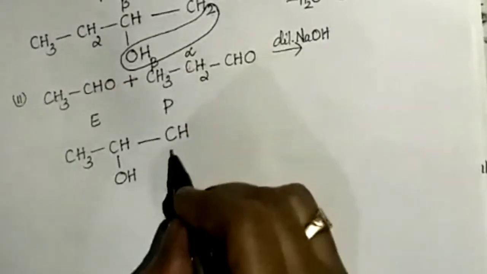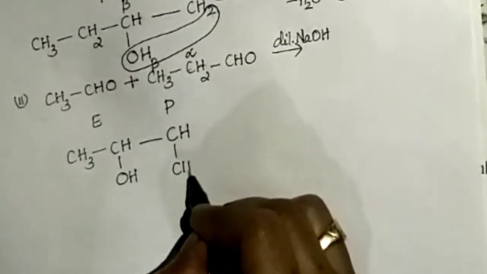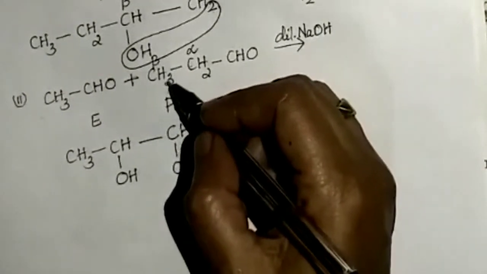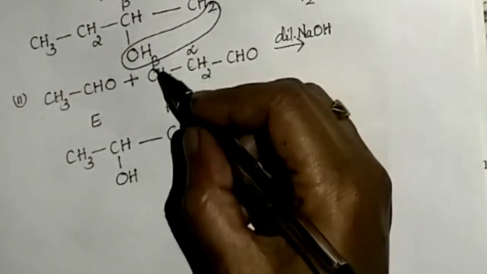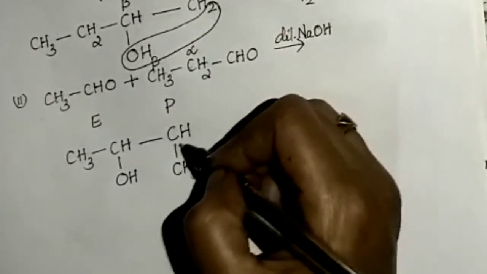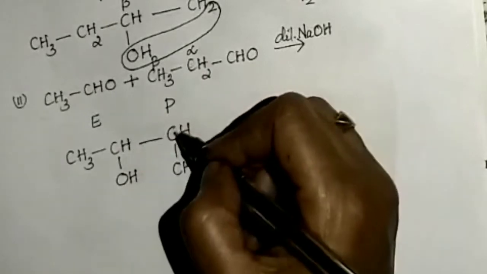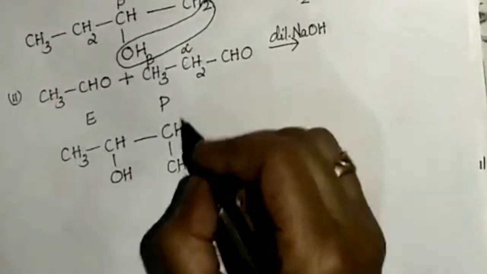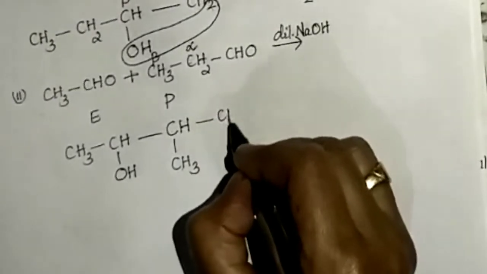This carbon consists of a CH3 group also. Listen, this CH3 group is not given hydrogen, this is the beta carbon. The alpha carbon gave the hydrogen, so the bond is between this carbon and this carbon. This carbon is attached as a substituent, remaining CHO.